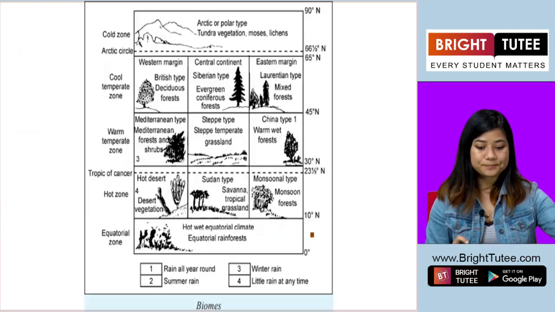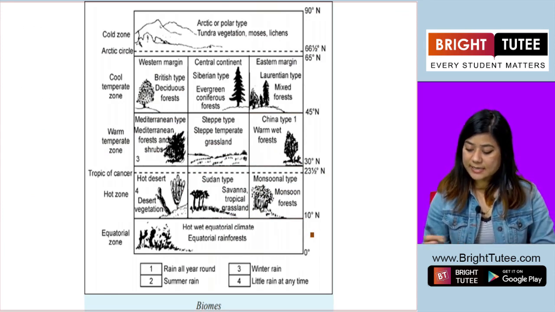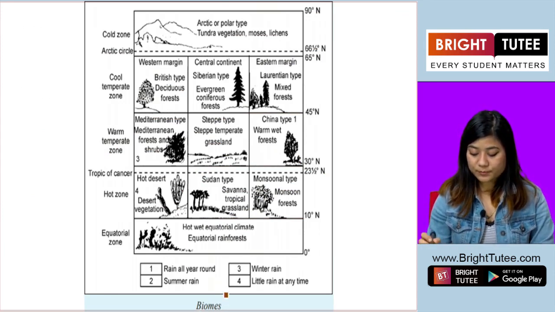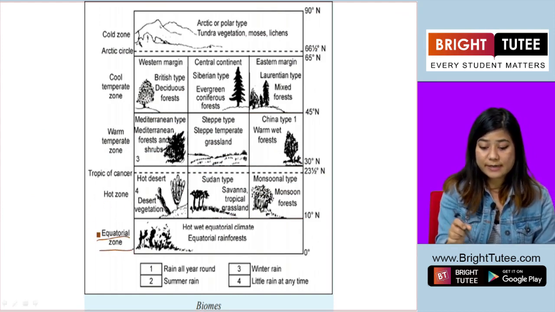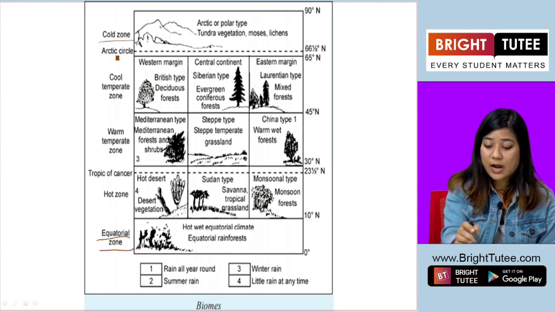All right. So here is an image of biomes, and you can see there are different zones, okay, on the left. So there is cold zone, Arctic Circle is cold zone, Tropic of Cancer.